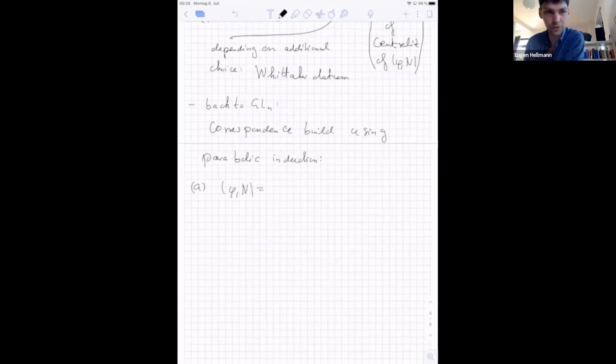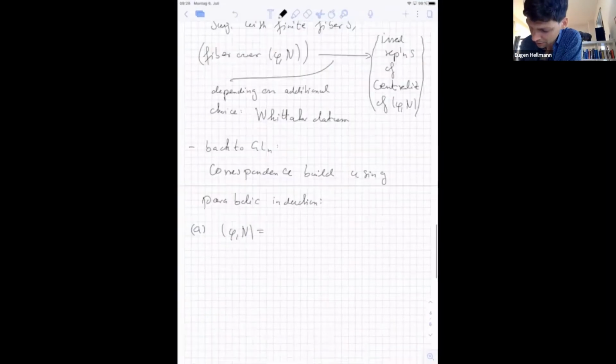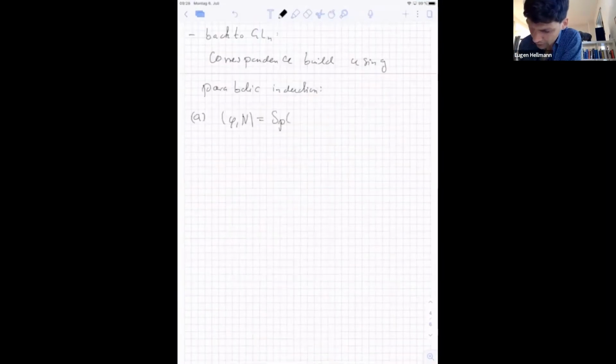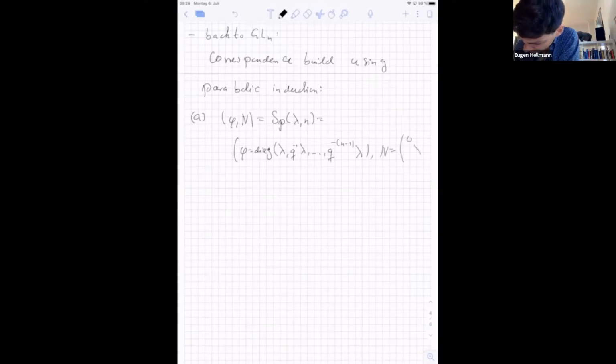So you first assume that phi n is a very simple building block that I maybe want to call SP of lambda comma n, which means that phi is just the diagonal matrix with eigenvalues lambda, q to the -1 lambda, up to q to the -n-1 times lambda, and n is a maximal nilpotent element.